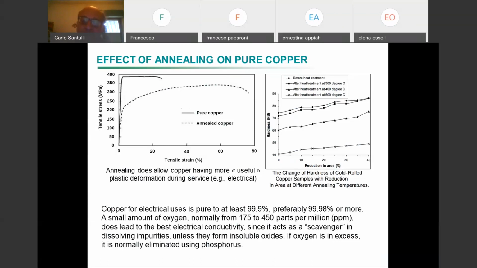The rationale of this graph is that at 300 degrees, you don't lose much hardness. This is Brinell hardness, so it's doable. I can do that. It's feasible. Then you can go down a lot, passing 400 degrees.